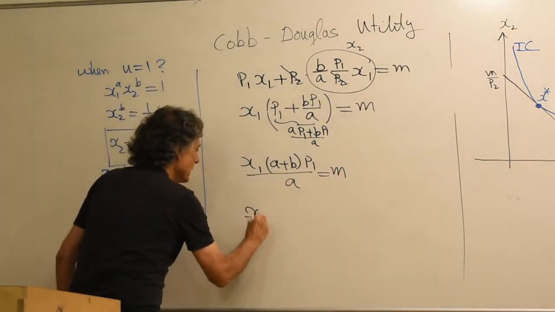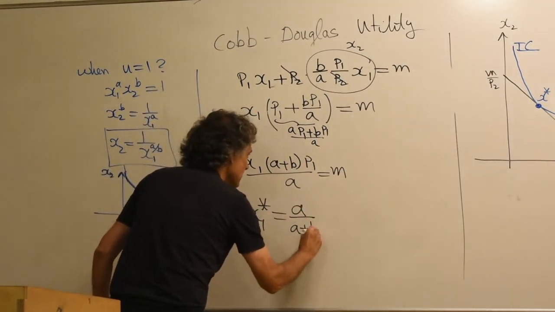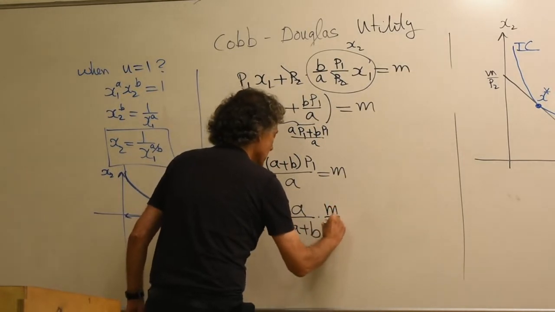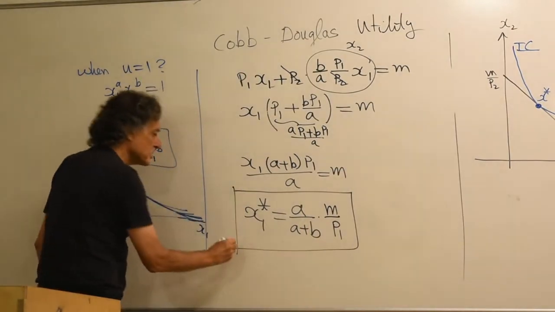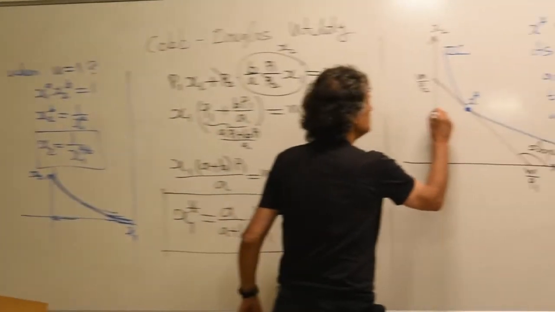So x1 star equals a over (a plus b) times m over P1. And this is the optimal x1 star. We found this much.